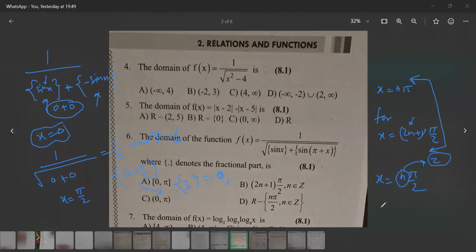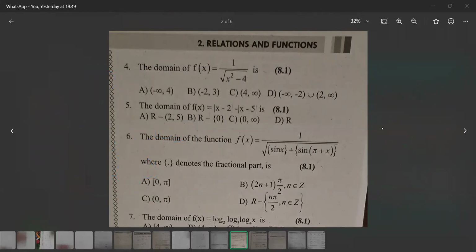If I take n equals to 1, 2, 3, 4, 5, n pi type values also will be covered, and odd multiples of pi by 2 also will be covered, right? So now let's check the answer. Yes, D is the correct answer, right?